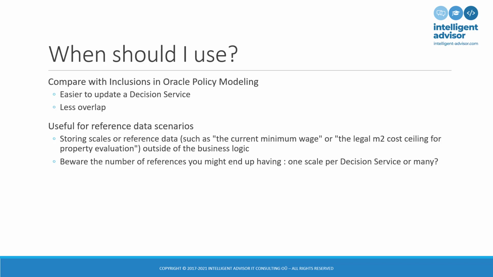If you have large amounts of reference data, tables, scales, ratings, micro-calculations that are then consumed in Oracle policy modeling, a decision service could potentially be the best choice, but beware the number of references you might end up with if the same scale is consumed in multiple ways by the same Oracle policy modeling project.